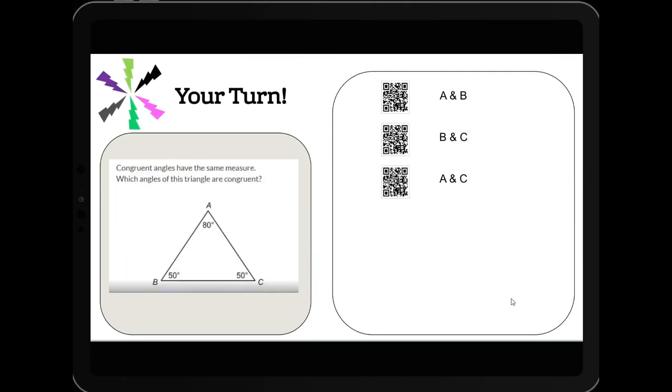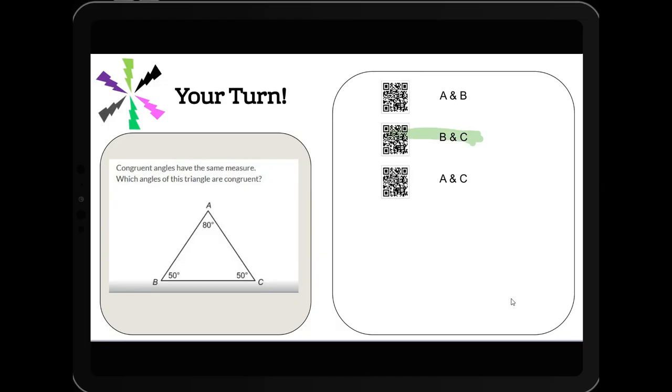So take a look at this example, pause the video, and try this for yourself. Figure out which angles are congruent to each other in the triangle that you see there to the left. So you should have said angles B and C, right?